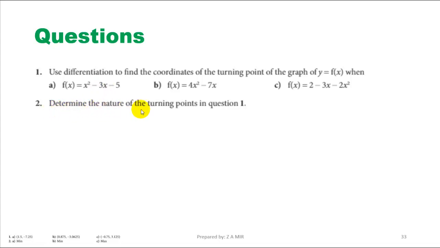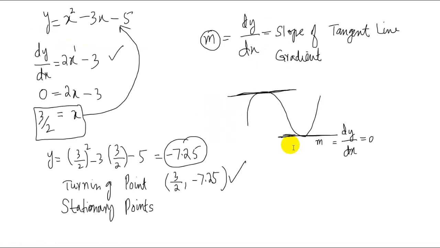We have to find the nature of the turning point, whether the turning point is maximum or minimum. Student, we know that to find the nature of the turning point, we will take the second derivative. So let's take the second derivative of this.